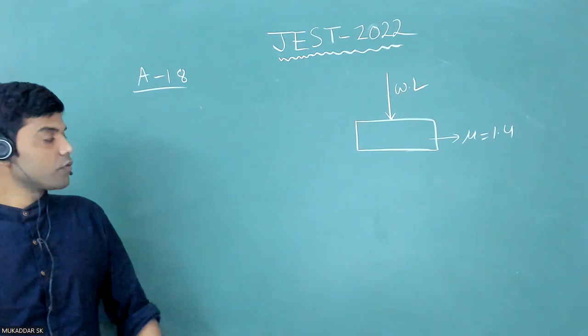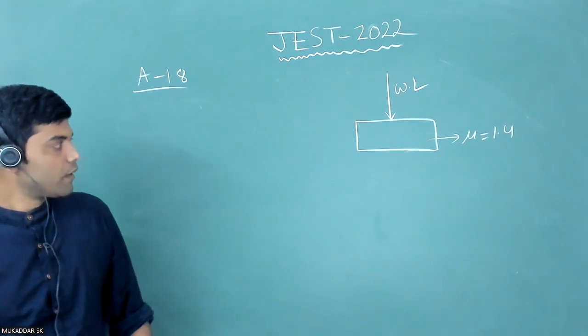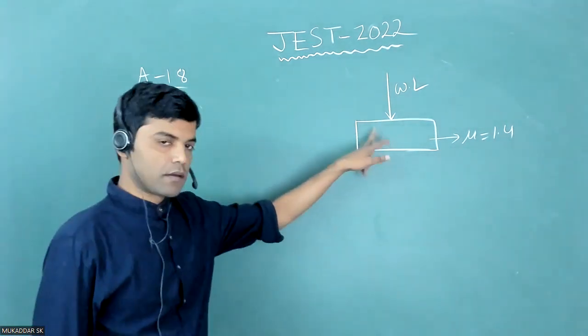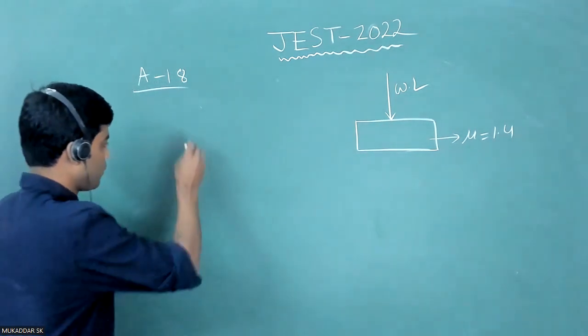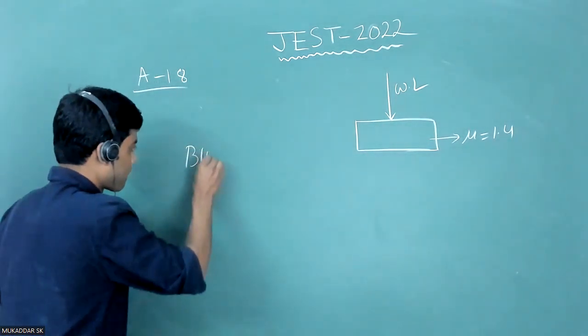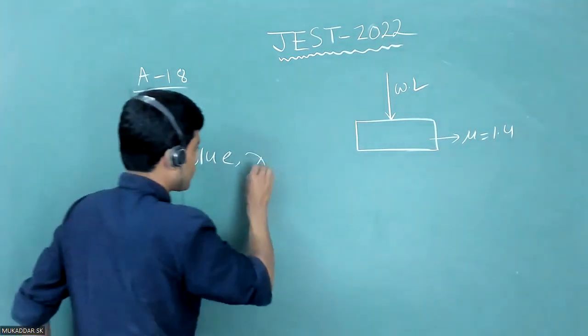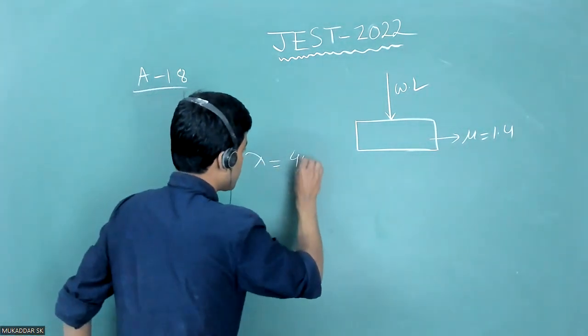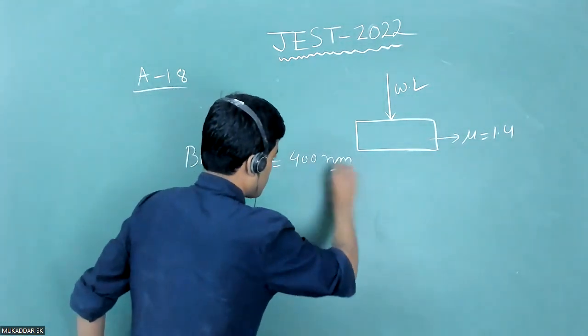and as a consequence of interference this thin film appears to be blue, having wavelength lambda equals to 400 nanometer.